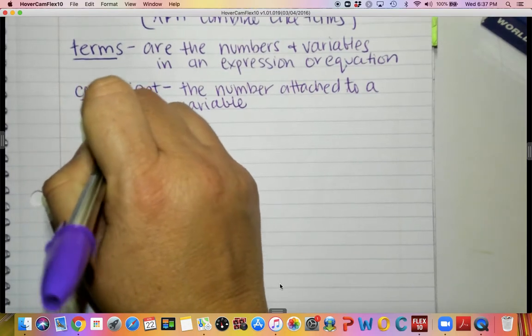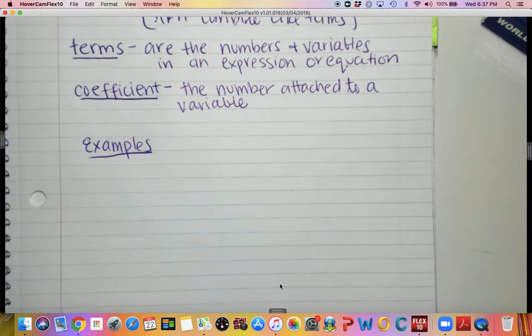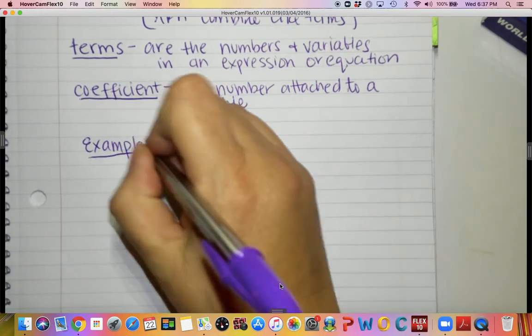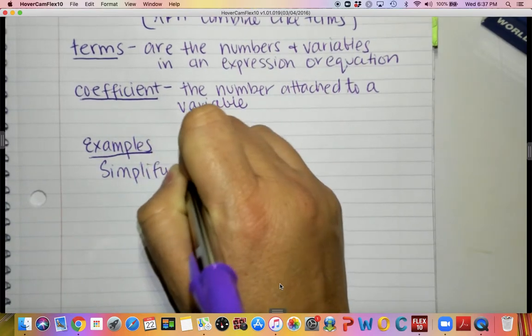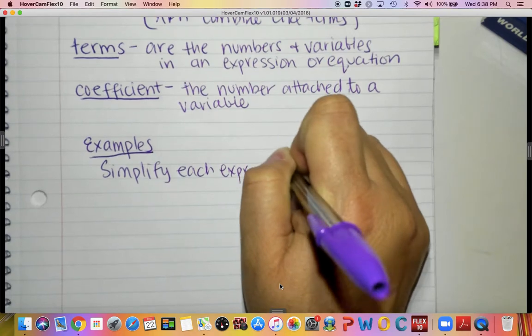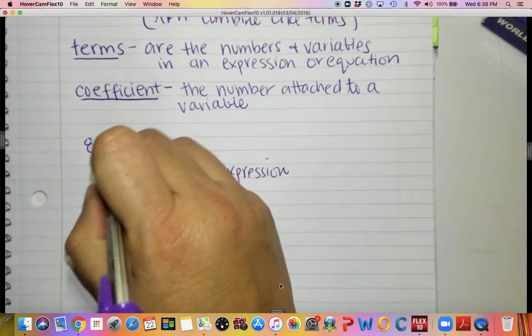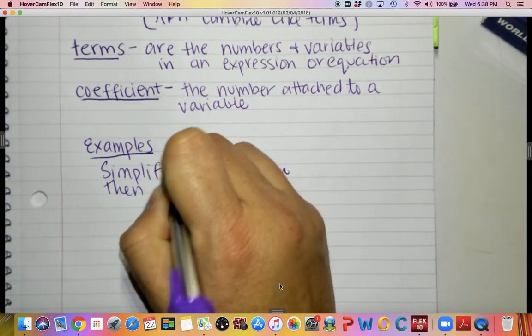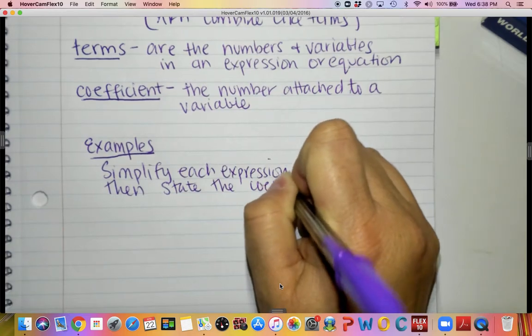Start off right off the bat with examples. So, it will say, simplify each expression then state the coefficient.